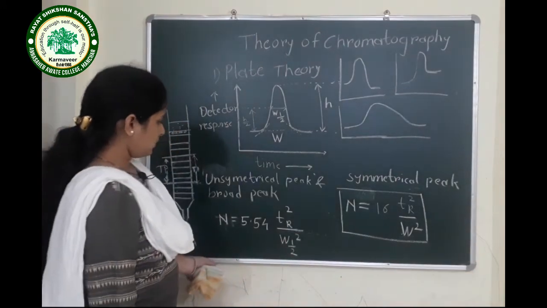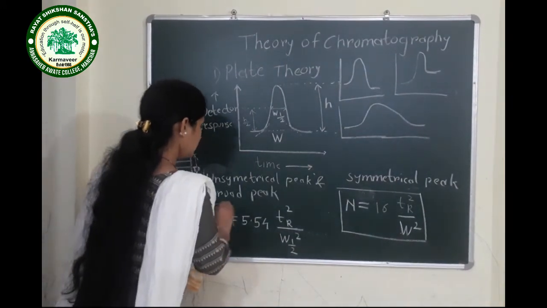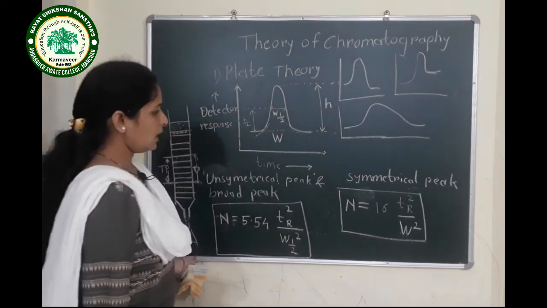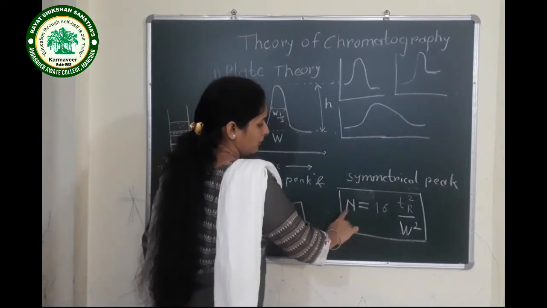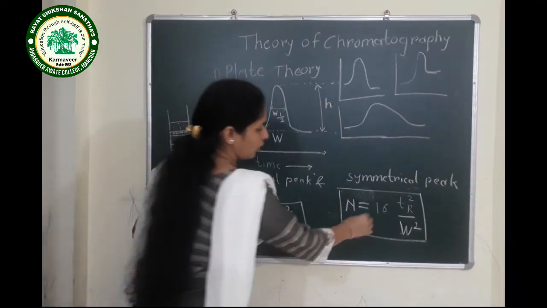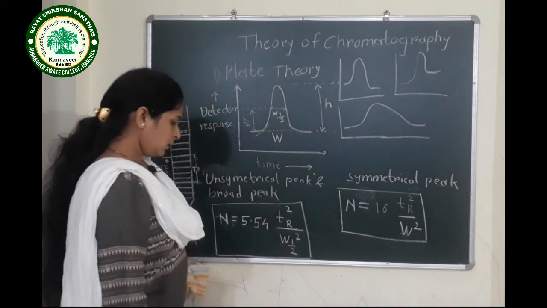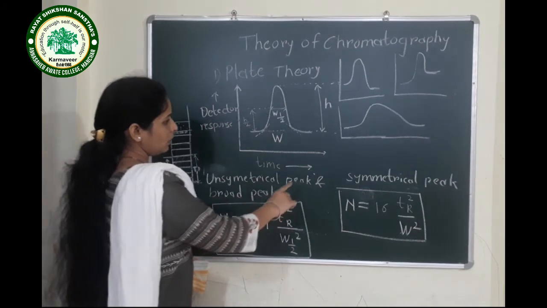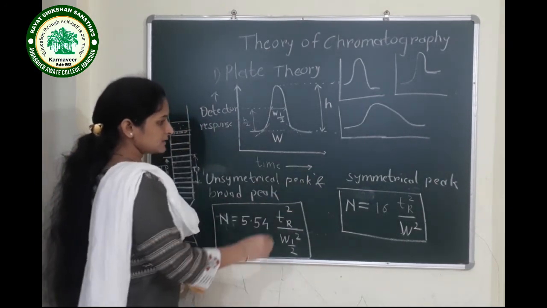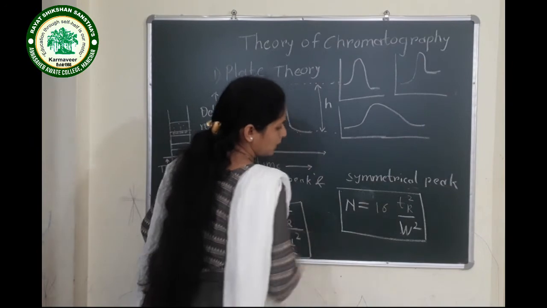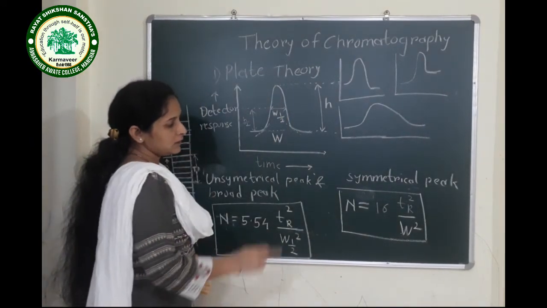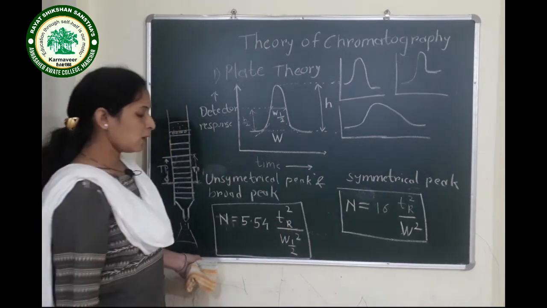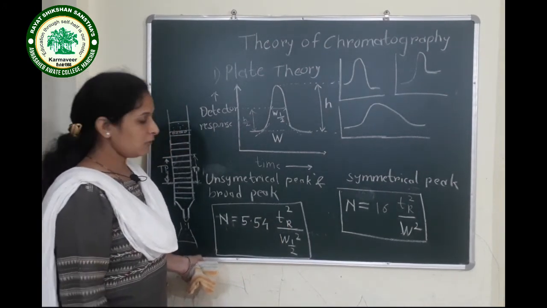Thus we can calculate the number of plates for unsymmetrical and broad peaks from this equation, and for the symmetrical peak, the number of plates can be calculated from this equation. Now this TR is the uncorrected value for the symmetrical peak, so we have to take the corrected TR value.